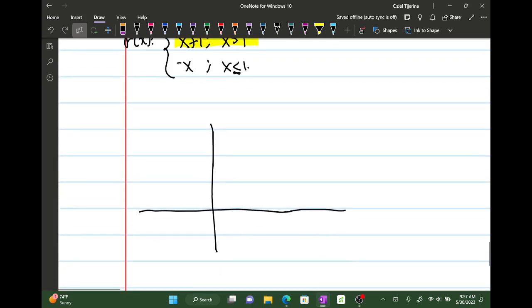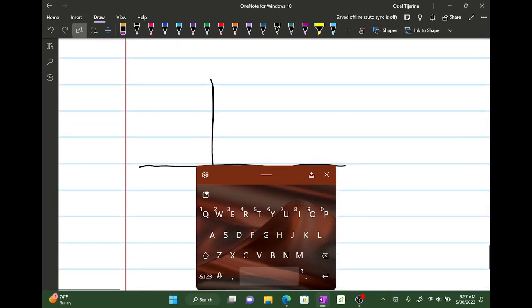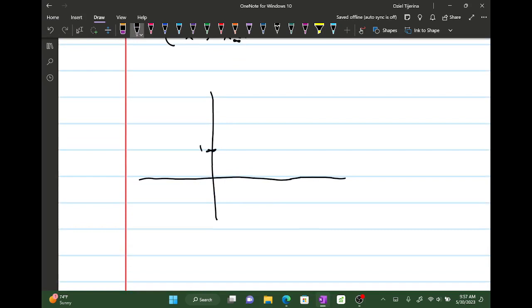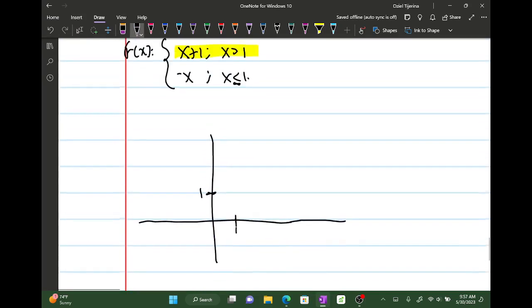So what happens here is that for x plus 1 such that x is greater than 1, say 1 is here, and let's say it's undefined at x equals 1 because it's greater than 1, right?